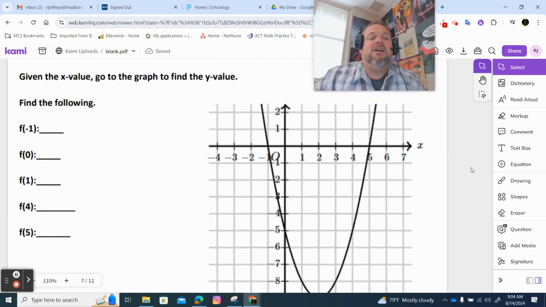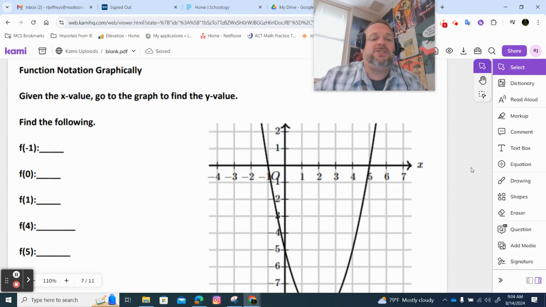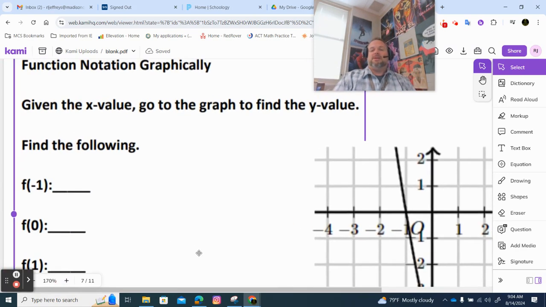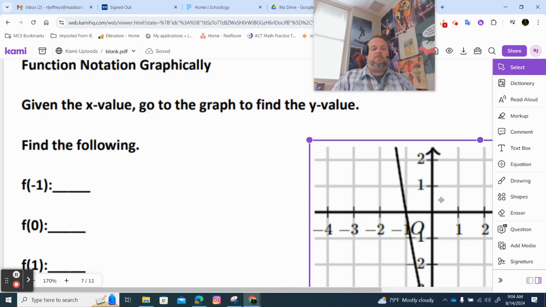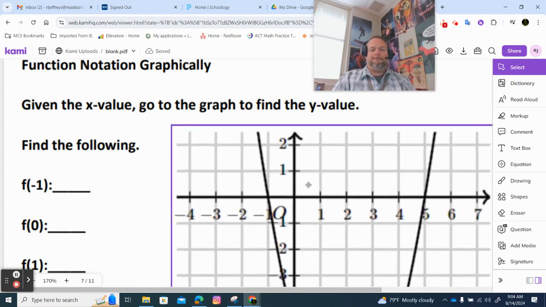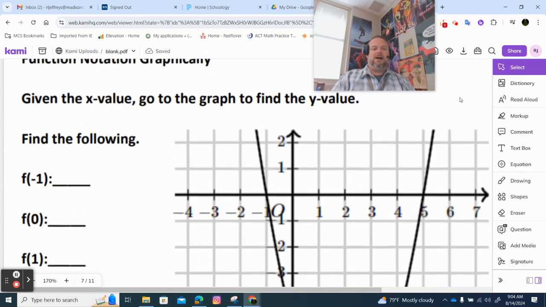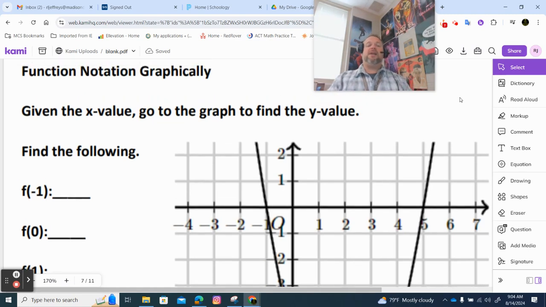All right. Function notation graphically. This, for some reason, boggles people's minds. So you find the x value and you go to the graph to find the y value. Okay.